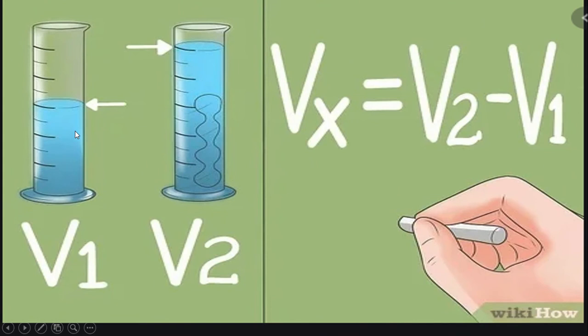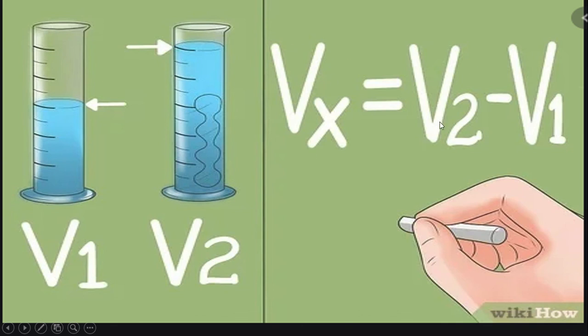So look, mathematically we can use this formula. Before immersing the object, the volume of water is V1, and after immersing the irregular shaped object, the volume becomes V2. And we have to find out the volume of the irregular object, and that is unknown to us. That's why we have written here Vx. Vx means the volume of the irregular shaped object.